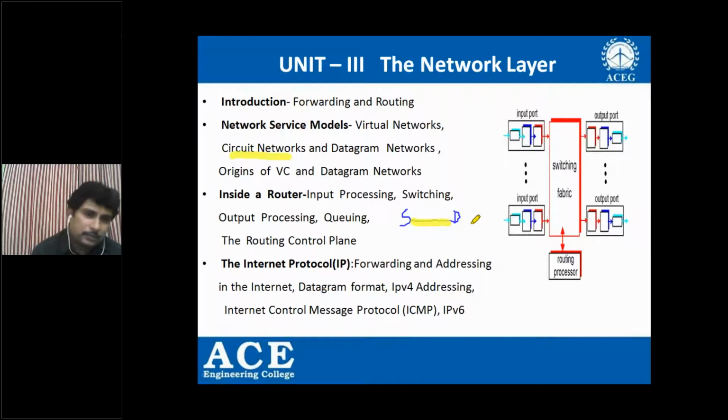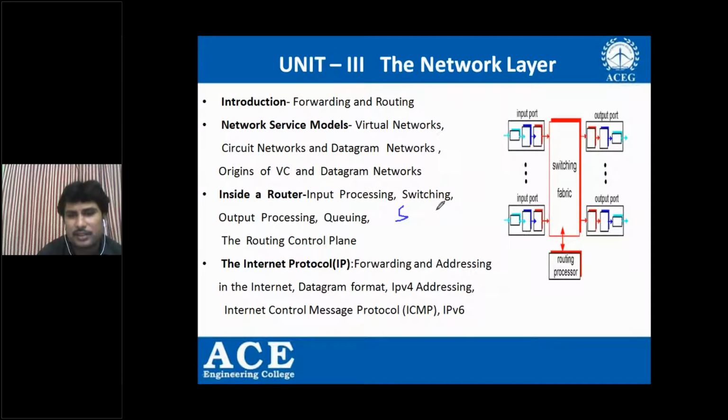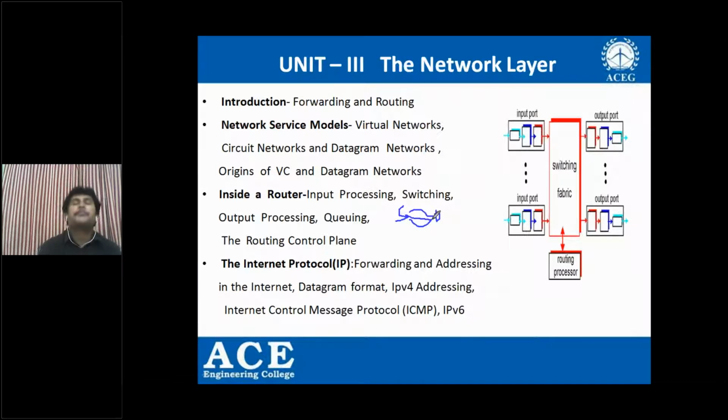Clear? Right. Then along with circuit and virtual circuit, there is one more type. For instance, I have a source and a destination, and between source and destination I have more than one path: 1, 2, and 3. So there are totally 3 paths between source and destination.